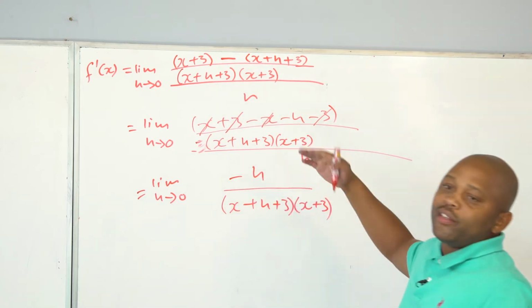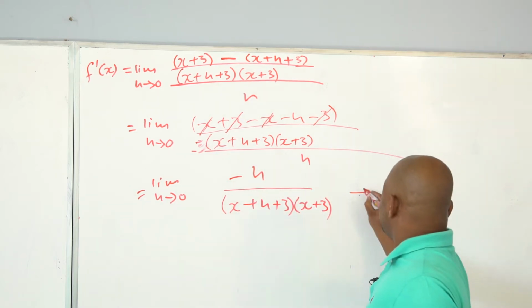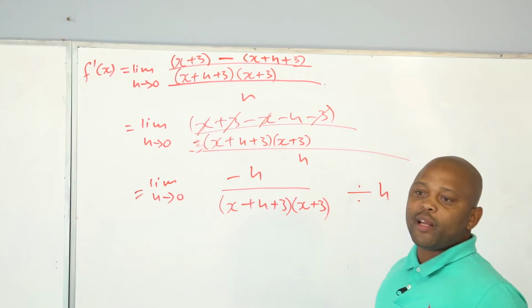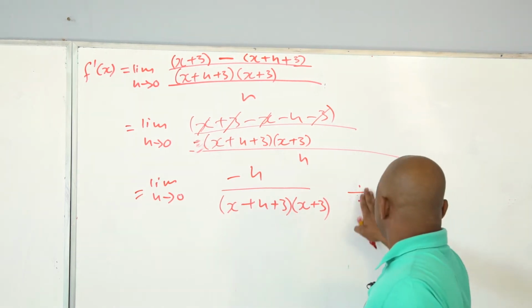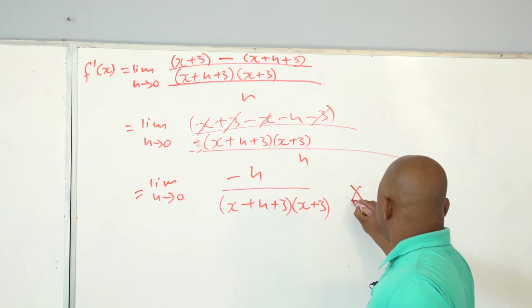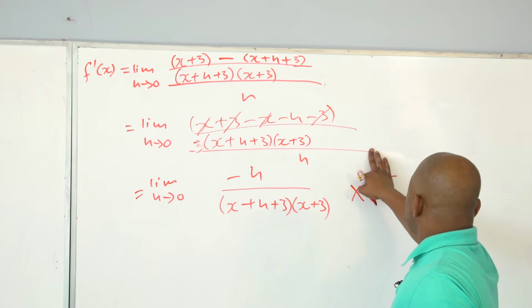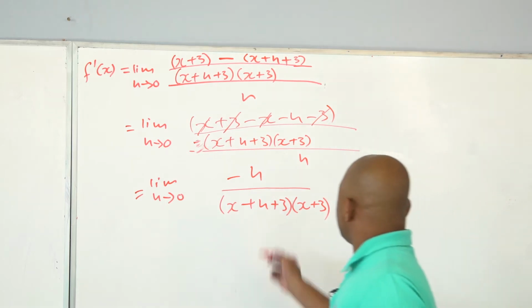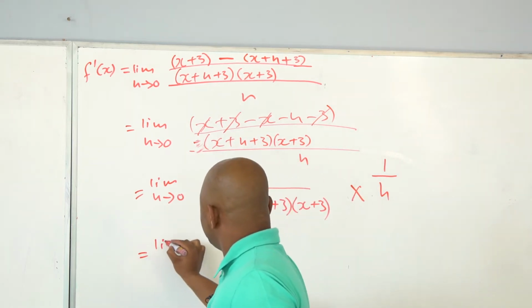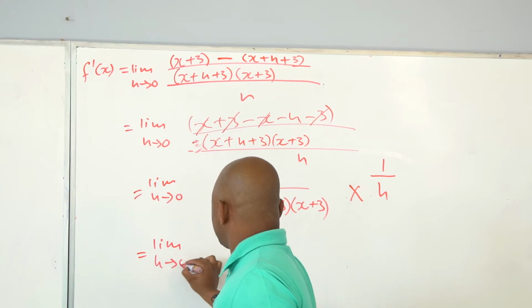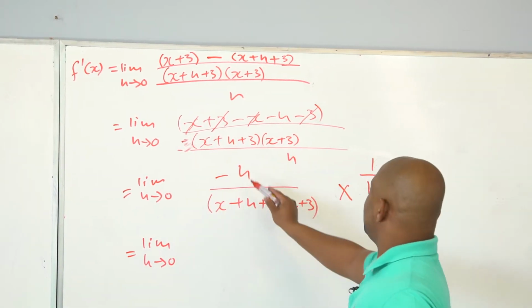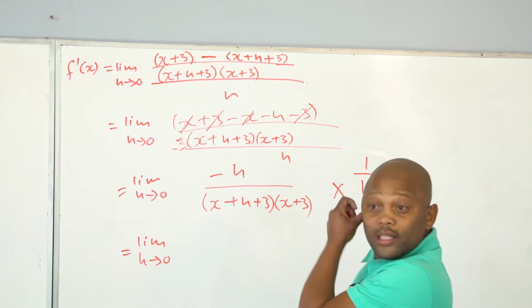And then remember, when you divide by h, it's the same as multiplying by 1 over h. Let me just do this so that I don't get confused. So now this becomes limit as h approaches 0, and I see that this h and this h will cancel, right?